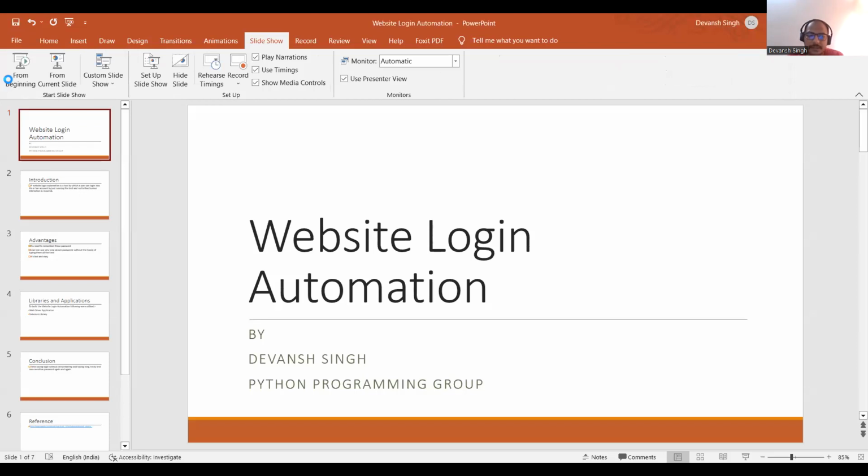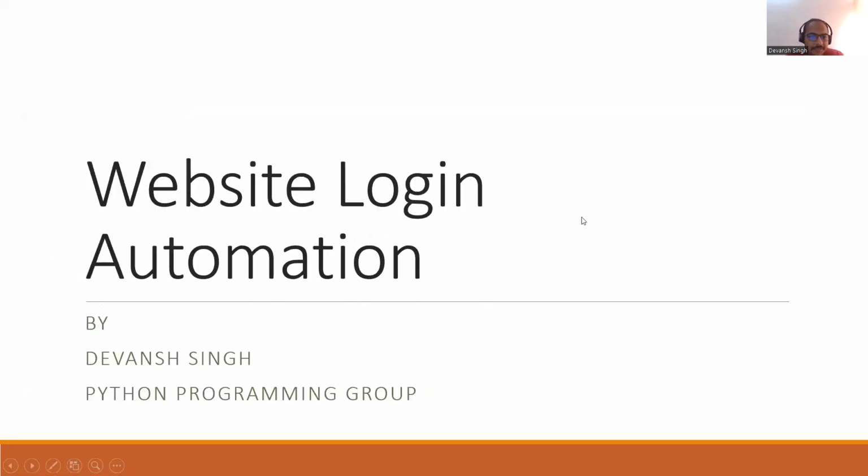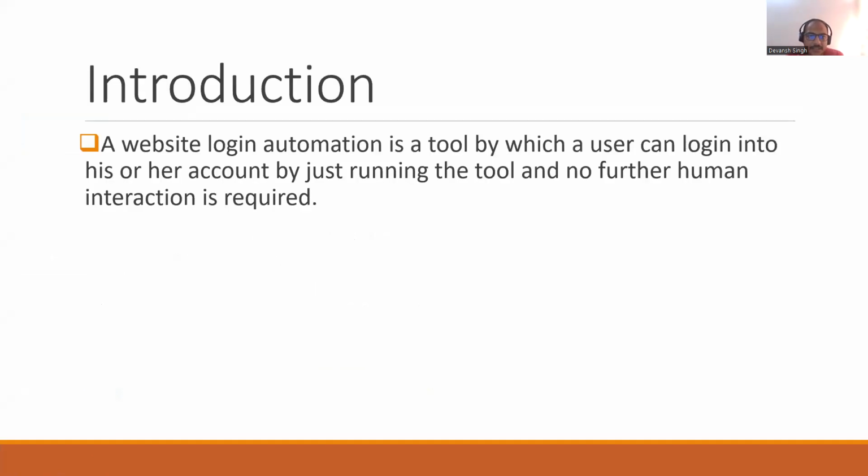Good morning, one and all present here. I am Devansh Singh from Python Programming Group, and this presentation is regarding the website login automation tool. So first, I would like to introduce what a website automation tool is. A website automation tool is a tool by which a user can log in into his or her account by just running the tool, and no further human interaction, instructions, or any other interference is required.